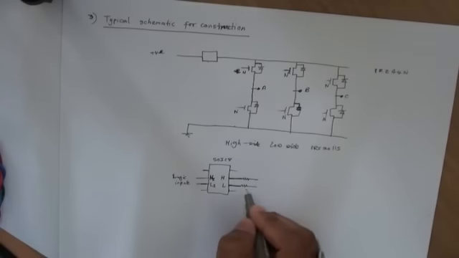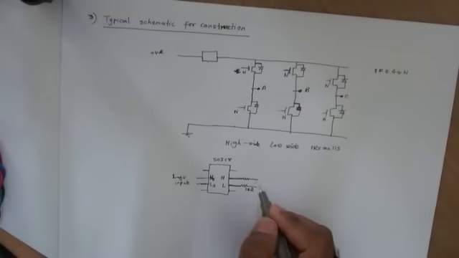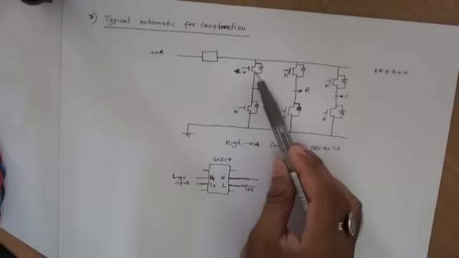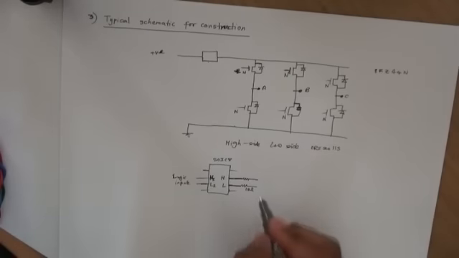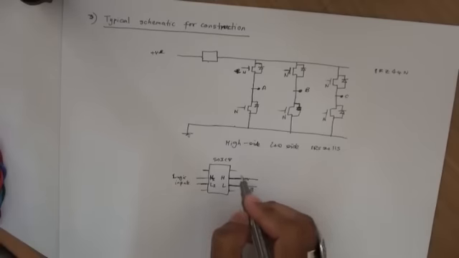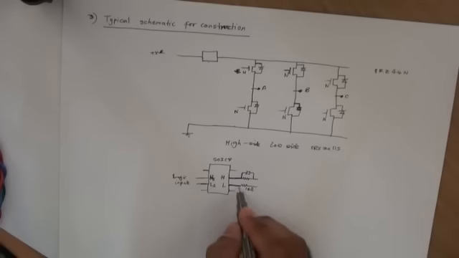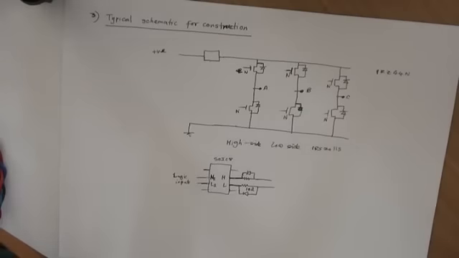Normally we tend to use a 10 ohm resistor, but of course you can look up the data sheet to work out how much charge you need to turn the MOSFET on, and work out your resistance accordingly. It's often advisable to have a diode across the resistor as well with this polarity, and the reason for this diode is when you turn the MOSFET off.